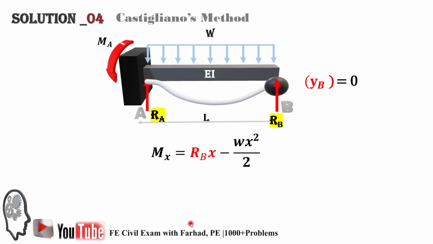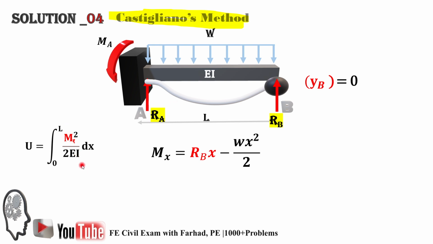As soon as we have the moment equation, in Castigliano's method, which is an energy or strain energy method, the strain energy in beams, U, is equal to the integration over the length of the beam of Mx squared over 2EI dx, since strain energy in beams is mainly due to the moment.